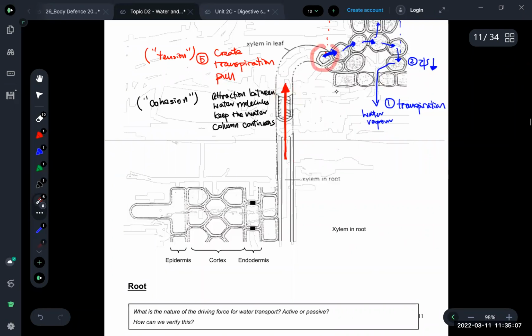When there is a suction at the top, all the water follows. So this is not osmosis. This is only a physical force, or if you remember what we taught before, this is just a mass flow, right? So this is one of the reasons how water moves up in the xylem.